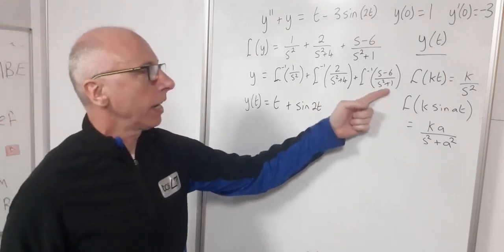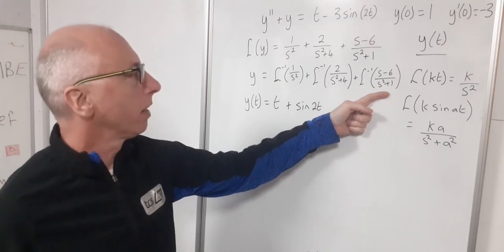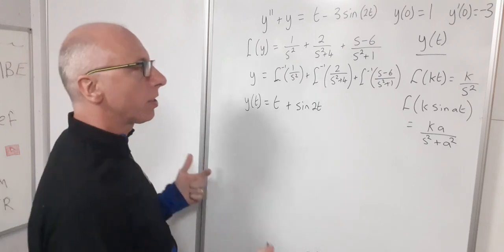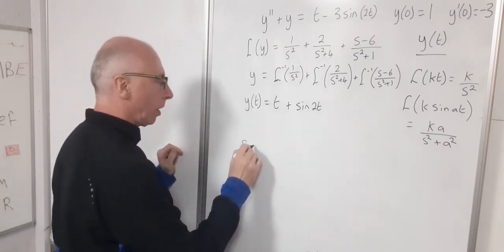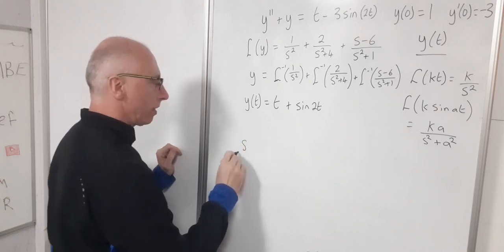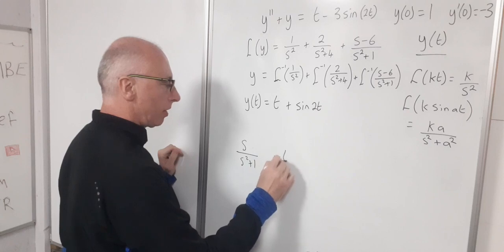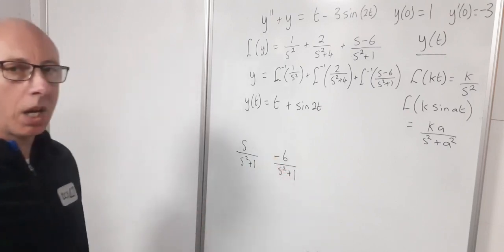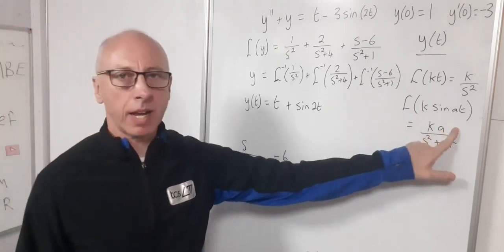And then this one here, now there's not a direct inverse Laplace of that one just yet. So what I'm going to do is break the fraction apart and see what we get. So now let's just break this apart. So just write the s over s squared plus 1, and then minus 6 over s squared plus 1. Okay, well this one looks a little bit similar to what we could have here.